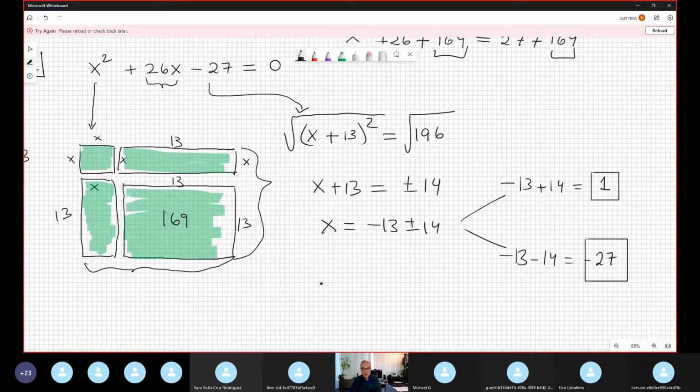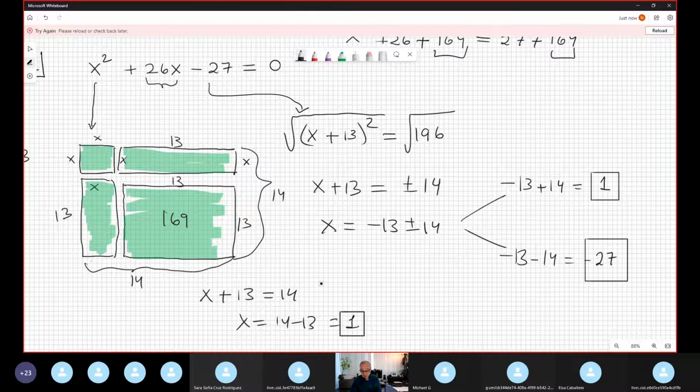If the area of this big square is 196, it's because the side is 14. So you see, for example, x plus 13 equals 14. So this is 14 here and 14 here, 14 here and 14 here. Therefore, x is 14 minus 13, which is 1. This is the way the antique mathematicians solved the quadratic equation.